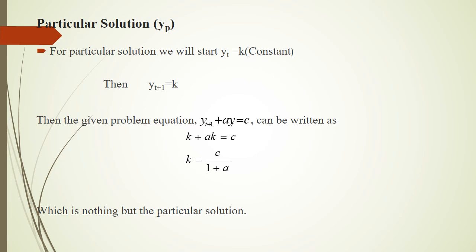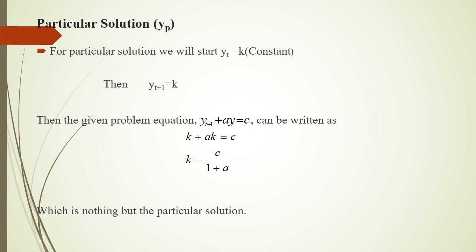So let us start with the simplified value of y, that is y(t) = k, where k is a constant. If y(t) = k, then what will happen with y(t+1)? It will also be k, because there is no t term on the right hand side. So when y(t) is equal to k, y(t+1) will also be equal to k. Now come back to your given problem.